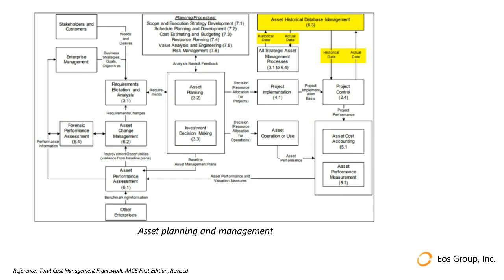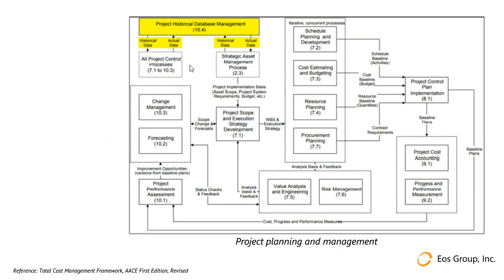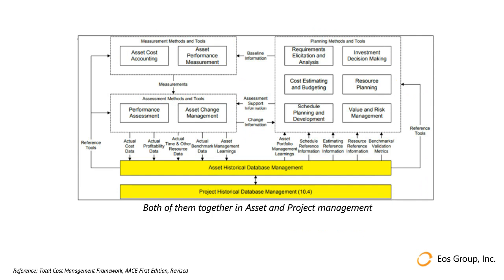You'll probably be relieved to know I'm not going to walk you through any process diagrams today, but I'm only showing them to represent that throughout these bodies of knowledge, you will find history referenced, both in the use of it through your processes, whether that be asset planning and management, project planning and management, using those together in tandem throughout the processes. They're pervasive through the chapters. They're pervasive through any of the processes that they've indicated.